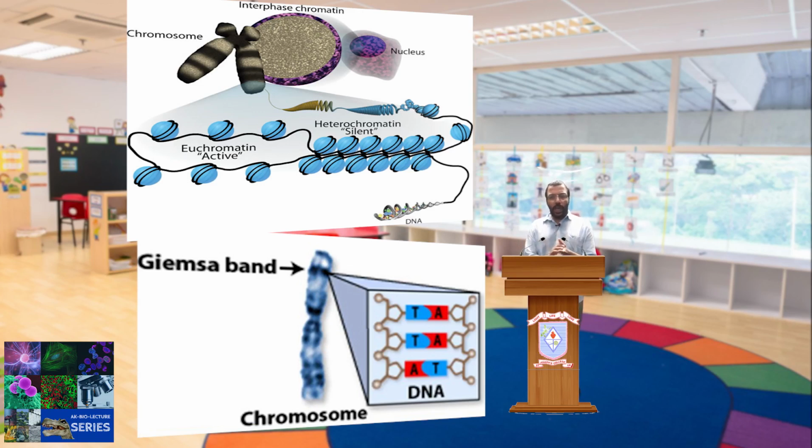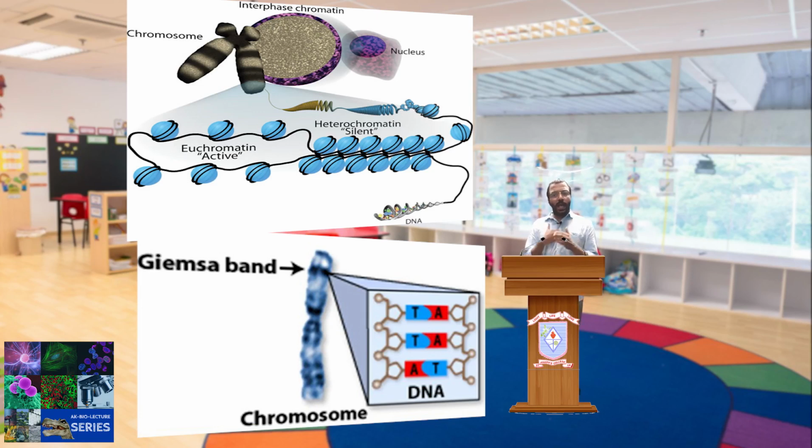In the heterochromatin region, that is the AT rich, adenine thymine rich area, the concentration of scaffolding proteins is high when compared with the euchromatin region. So, the heterochromatin region takes more Giemsa stain than the GC rich region.